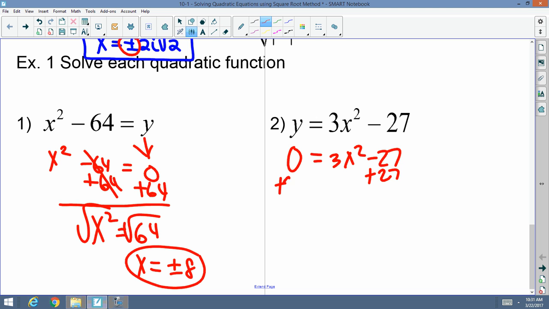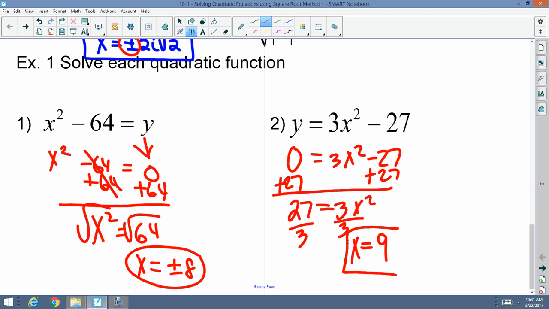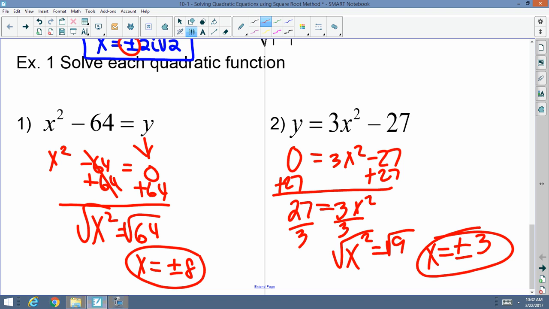Add 27 to both sides. 27 equals 3x squared, divided by 3. x squared equals... come on, that was weak. x squared equals 9. Square root both sides. x equals plus or minus 3. Make sense? Easy, right? Good job, guys.